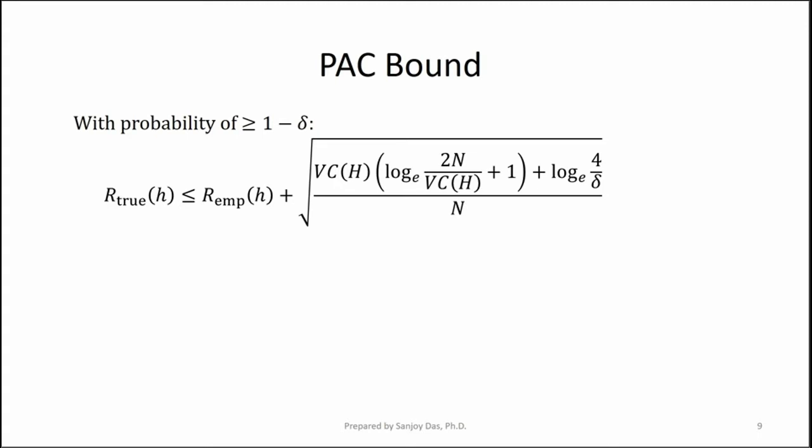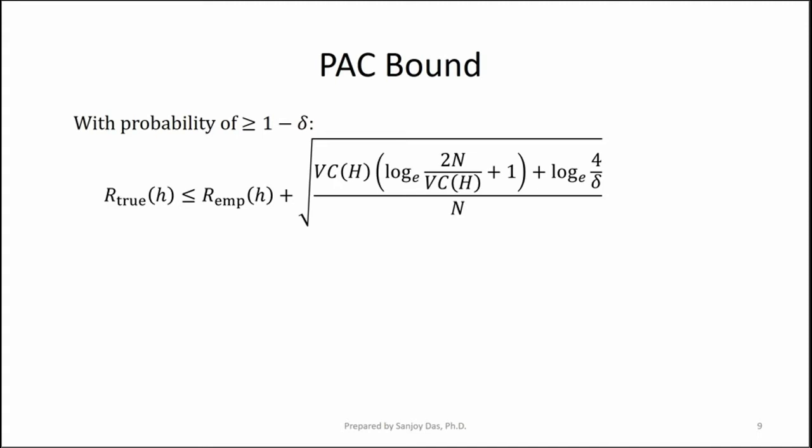R true is the true risk, and so the true risk is always less than the empirical risk, R emp, plus a big term which is within the square root.